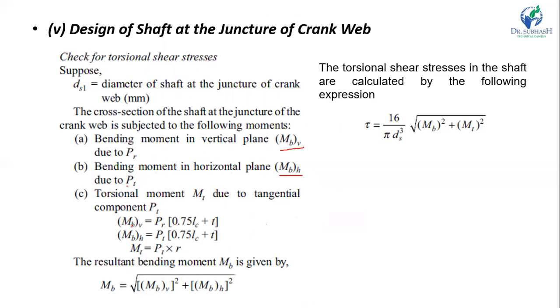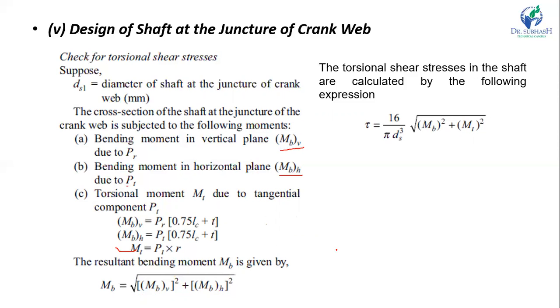We have already known that MBV is equal to PR into (0.75 LC plus T), MBH is equal to PT into (0.75 LC plus T), and MT is equal to PT into R. Therefore the resultant bending moment is given by MB equal to root of MBV square plus MBH square.